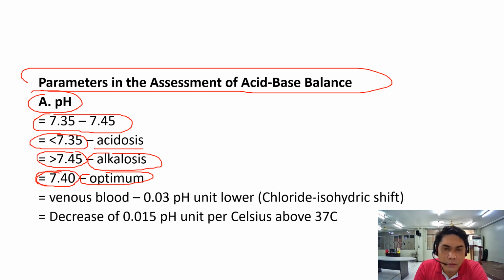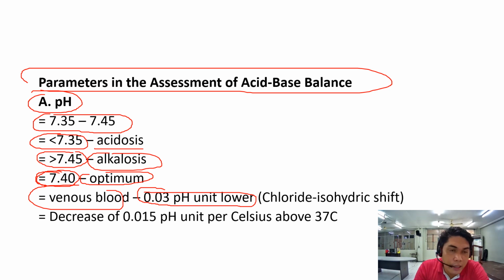Now, 7.35 to 7.45 is the reference range for arterial blood pH. For venous blood, the pH is 0.03 pH unit lower because of the chloride isohydric shift, or chloride shift.